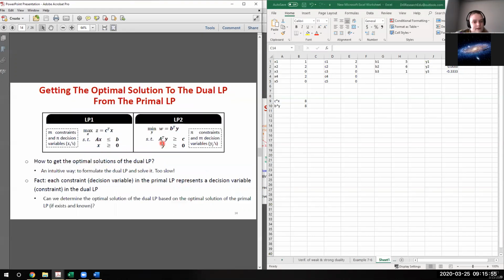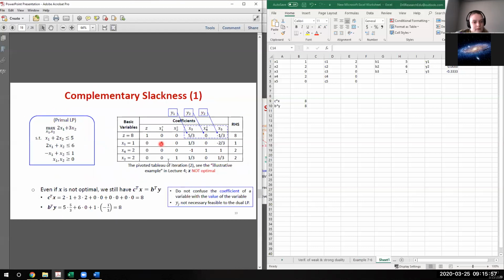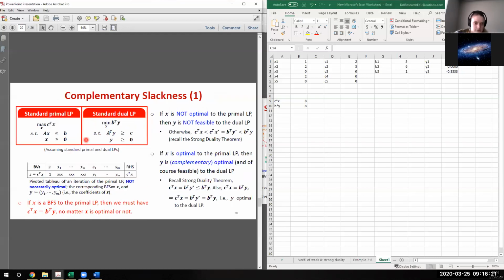This is a hint. And you know what? Indeed, this conclusion is general. I'm talking about if X is a basic feasible solution, and I denote the coefficients here in this pivoted tableau as the Y's, then I must have c^T X equal to b^T Y. Here we go.